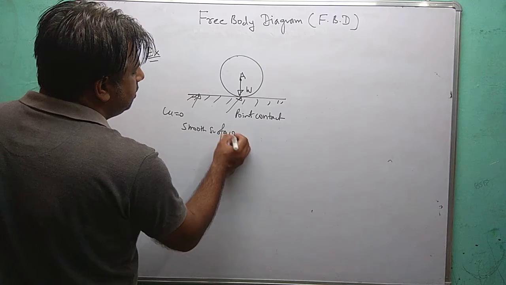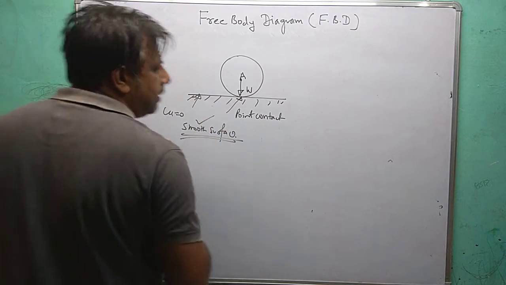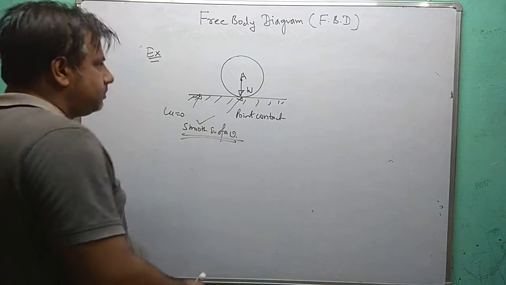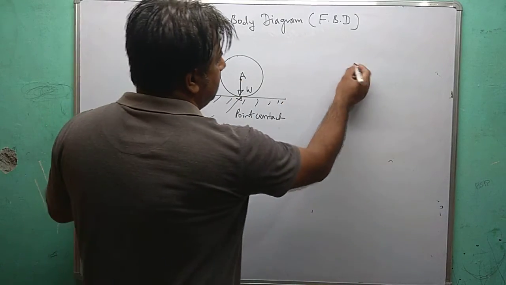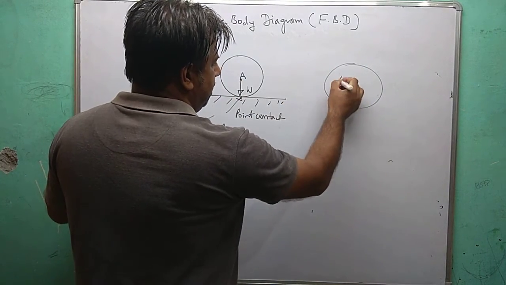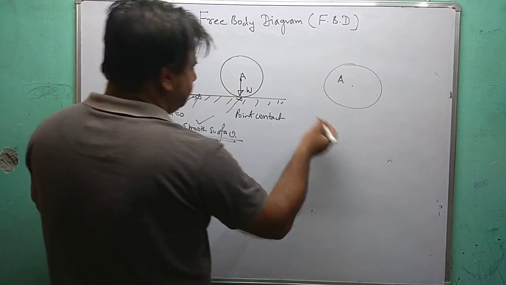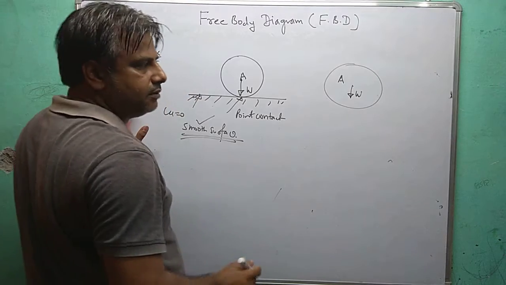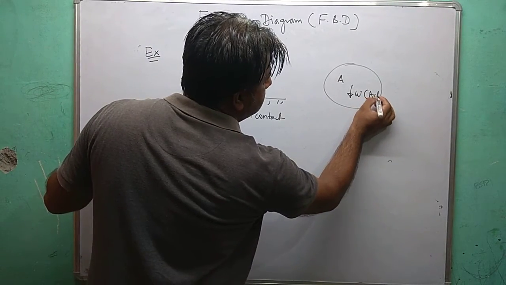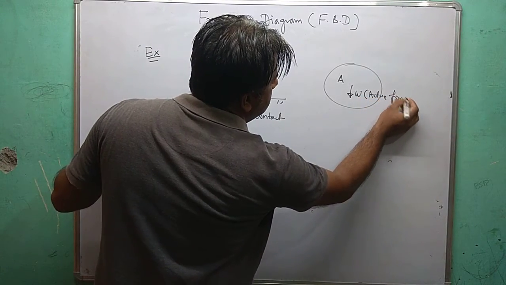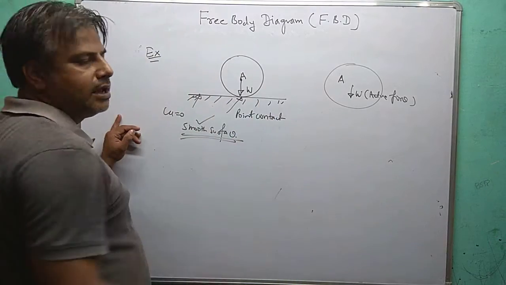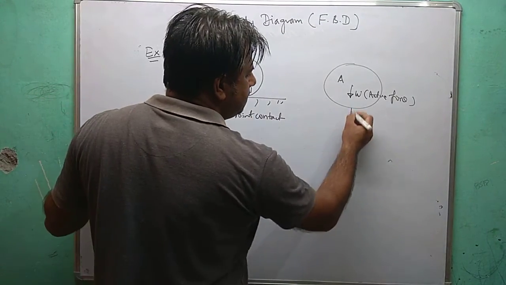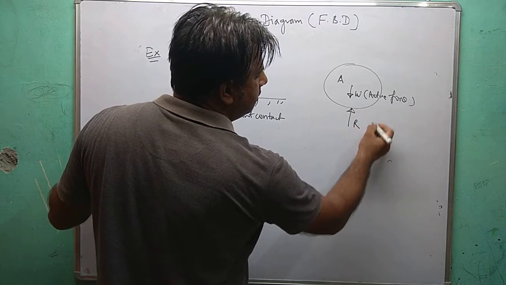So with respect to the smooth surface, we have normal reactions only. So first isolate the member. The member is A, or body is A. So self weight you represent as active force. So this is my active force. Then there is no external force. Now here we represent the reactive force. The reactive force is the support reaction R.